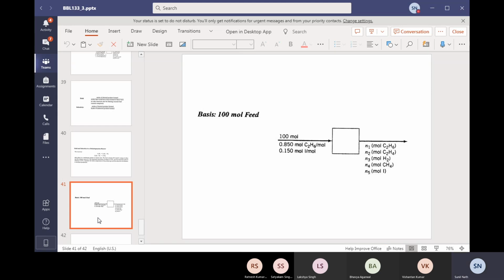Now, how do we define conversion? I'm not going to talk about yield right now. Let us say how to define conversion for such a situation where we have an analysis of a chemical reactor with product separation and recycle of all the unconsumed reactants.